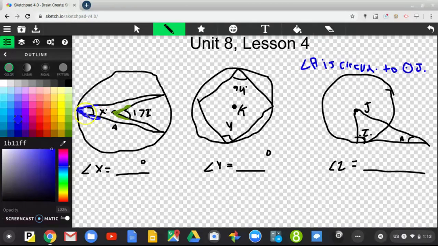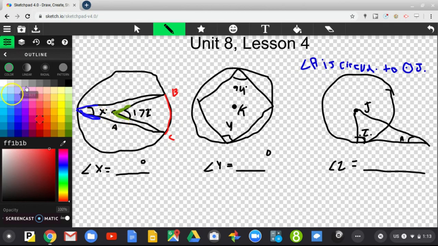So X may have half the measure than the 172 degrees. But the only way that we can tell is if they share an arc. Well, they do. The arc that they share is right here. And let's just call this point B, and let's call this point C. They share arc BC.